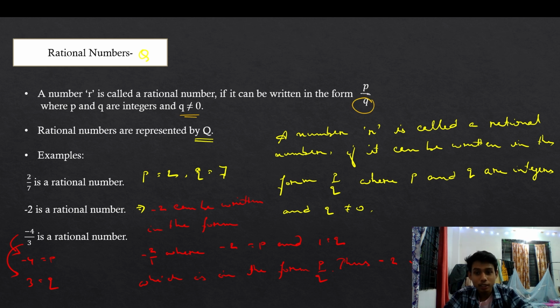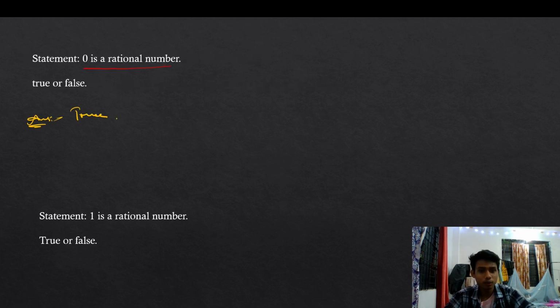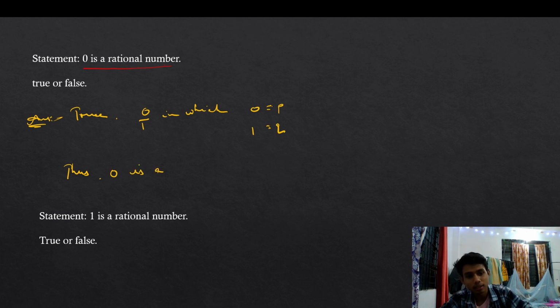We have said that Q cannot be equals to 0, not P. Therefore, 0 is a rational number. That means we can write it in the form of 0 divided by 1, in which 0 represents P and 1 represents Q. Thus, 0 is a rational number.